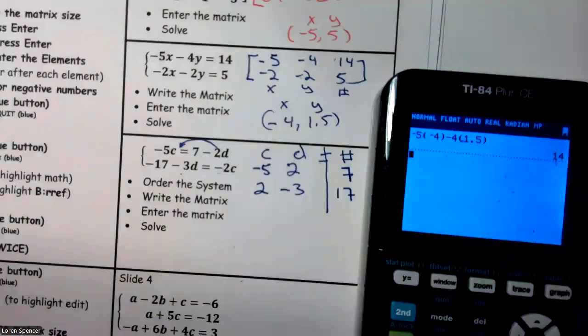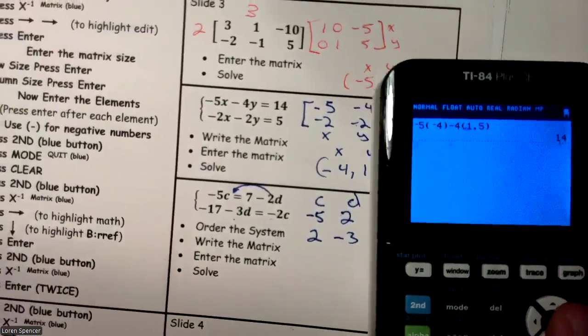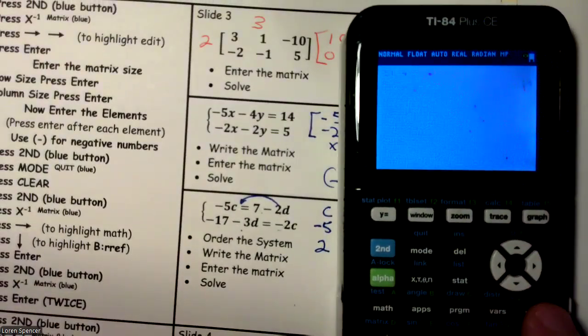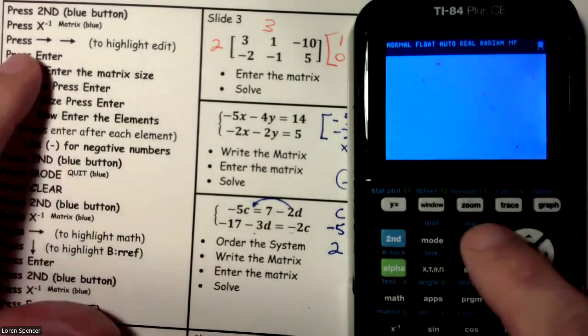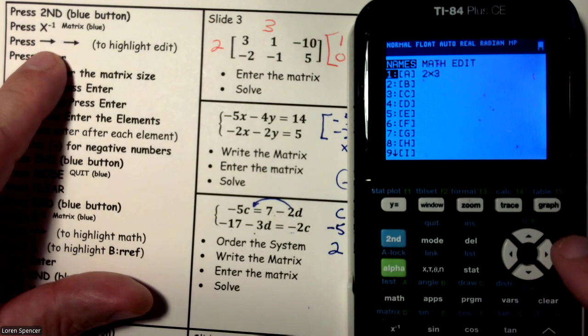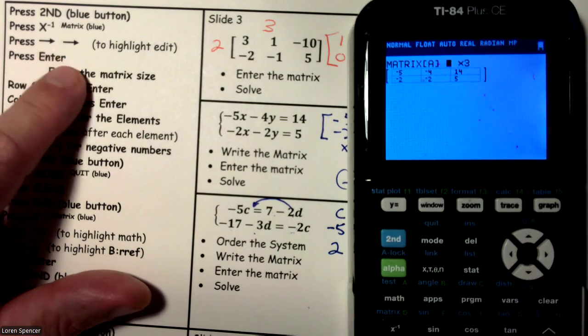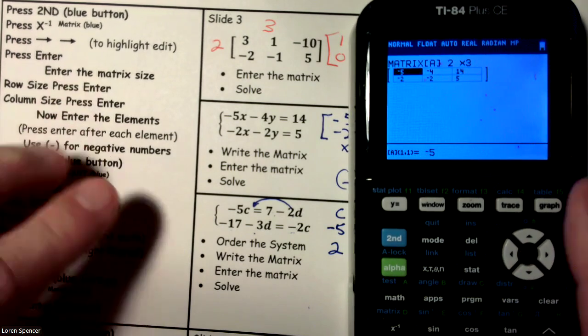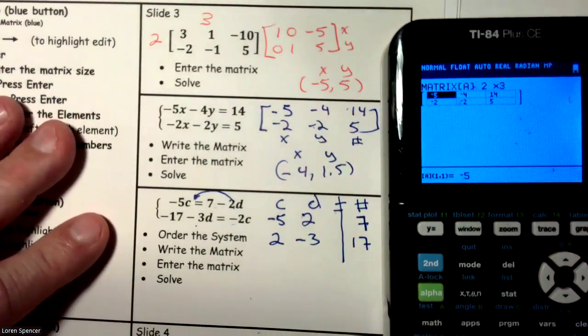So we can go ahead and do the matrix again. So going back to our directions, the directions say blue button, then matrix, arrow over to edit. We have a 2x3, and we can go ahead and enter our data, which is -5, 2, and 7. And then we have 2, -3, and 17.